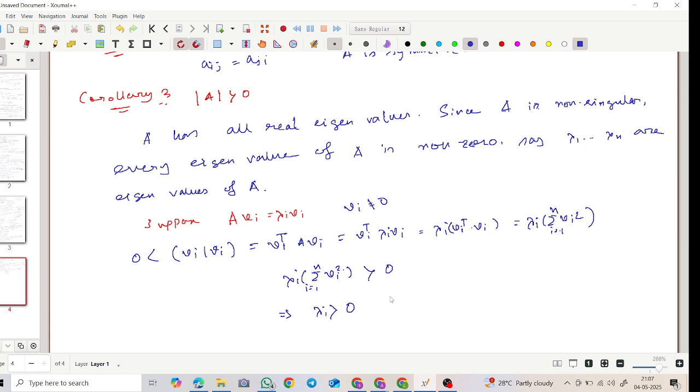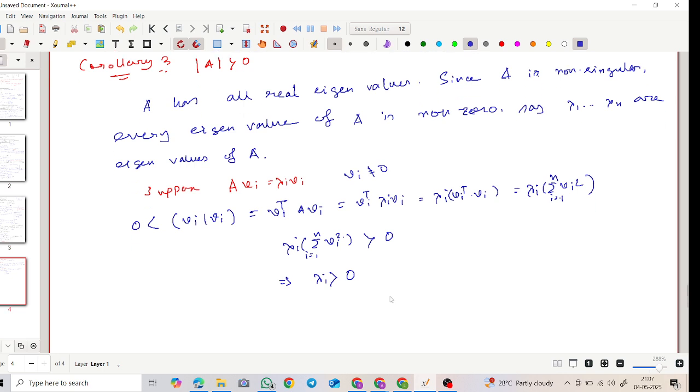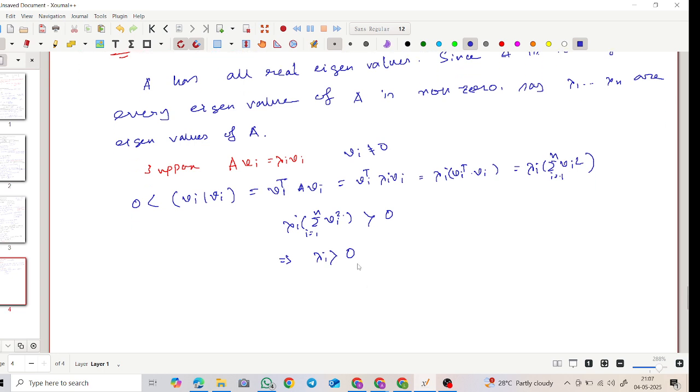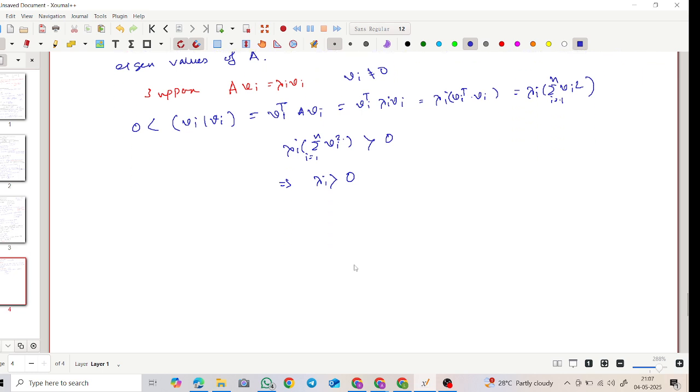Since A is full rank, no eigenvalue can be 0. And then from the property of an inner product we have deduced that each eigenvalue of a positive definite matrix is positive. Now to prove corollary 3, what will be determinant A? This will be the product of the eigenvalues, which is positive because each of them is positive.